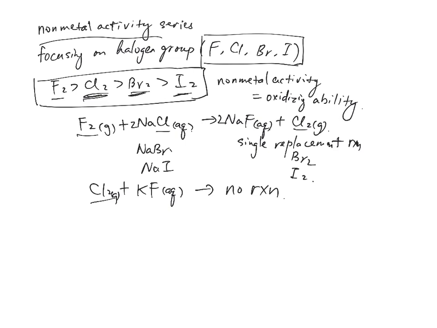Bromine can only do it to iodine, but won't be able to do it to fluorine and chlorine. And then, of course, in the end, poor iodine. Everybody else can do it to him, can go to his house, a solution containing iodide ion, and take his place and kick the iodine out.